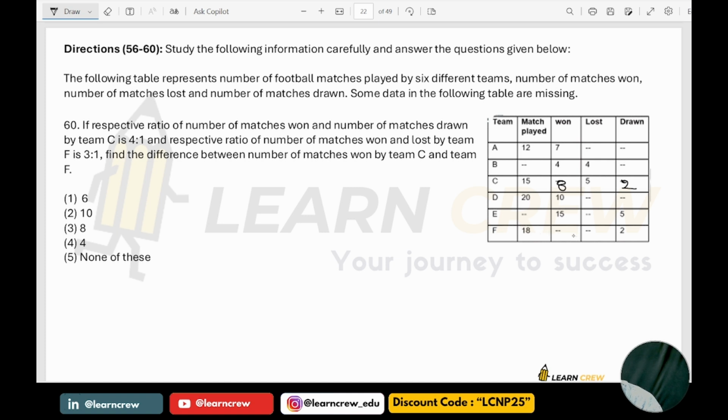So 4 parts is 16, 3 parts is 12. Find the difference between the number of matches won by team C and team F. 12 minus 8. The answer is 4.